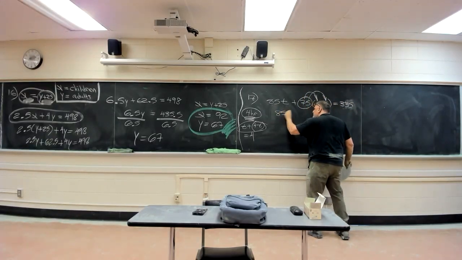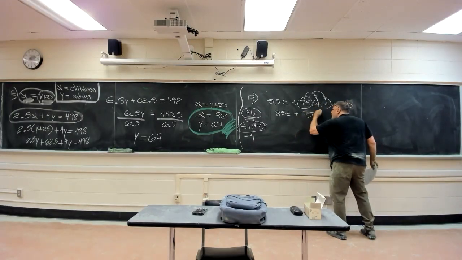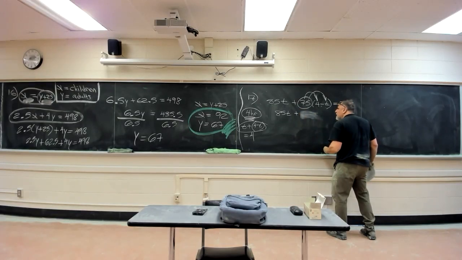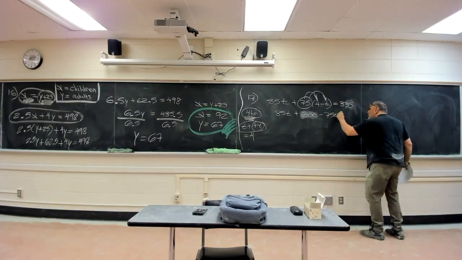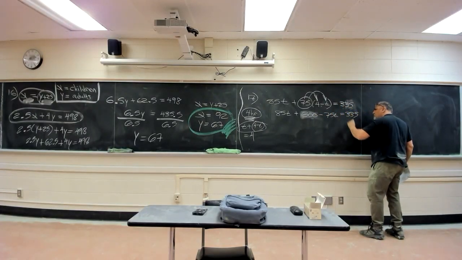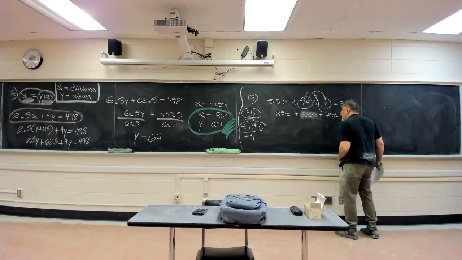We got 85t. We've got 75. Let's distribute that, guys. We got 75 times 4. We got 75 times t. Minus 75t is plus a negative 75t.